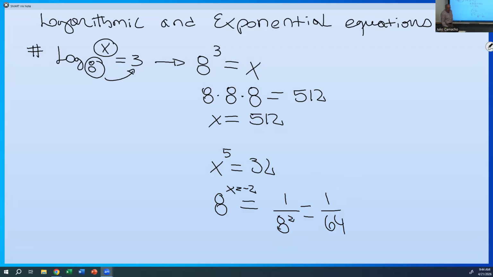Because every time that you see a number under 1, that is your hint. It's a negative exponent. In this case, we're looking for the value of x. And then you can use your memory or your calculator to see what 64 and 8 have, what is the relationship between 8 and 64. And you can see that it means 8 squared. So you know that the exponent is negative.